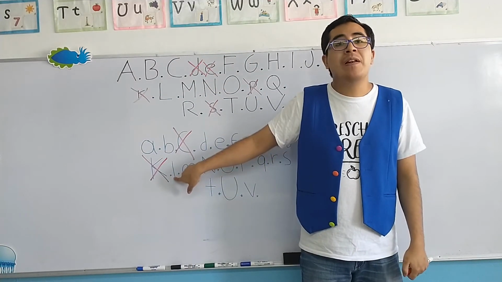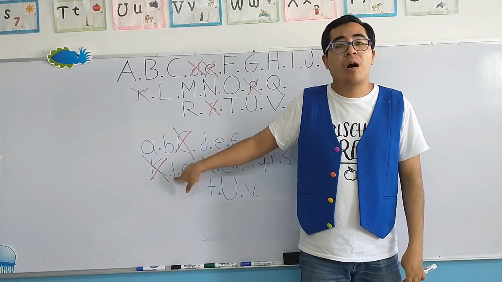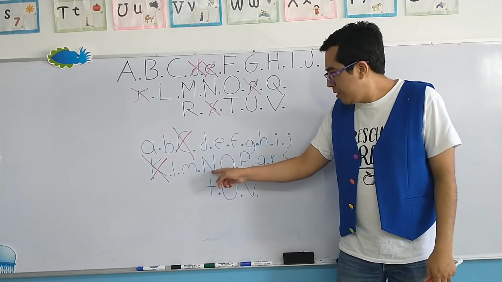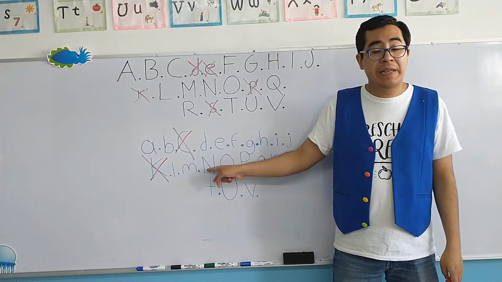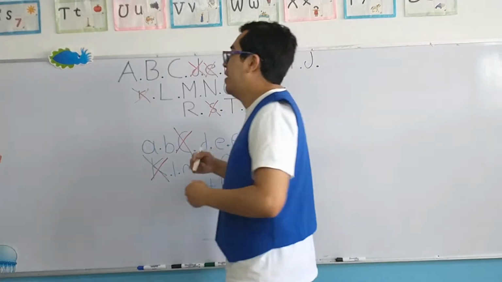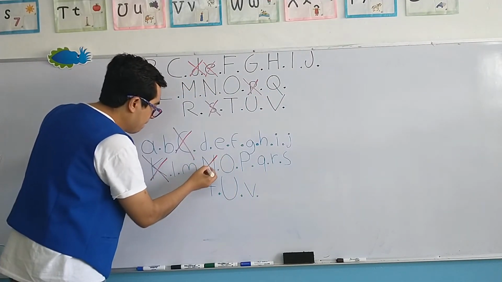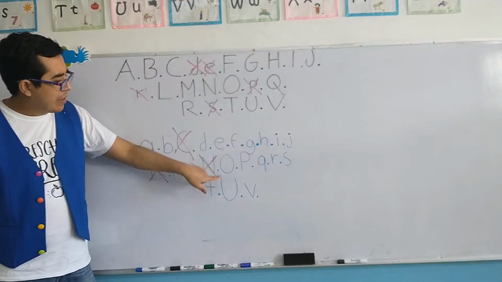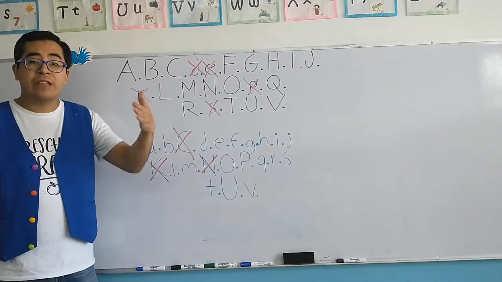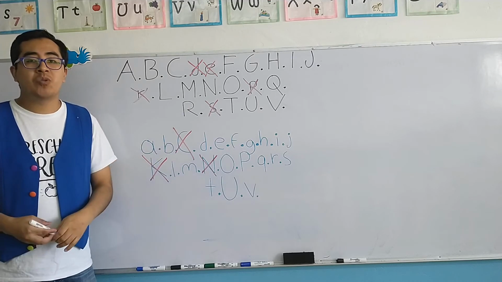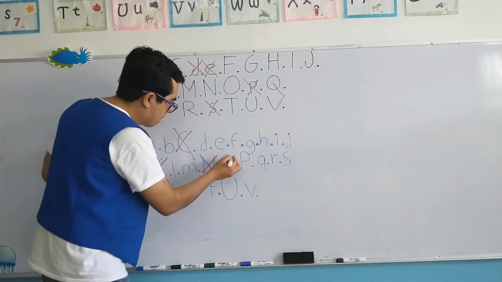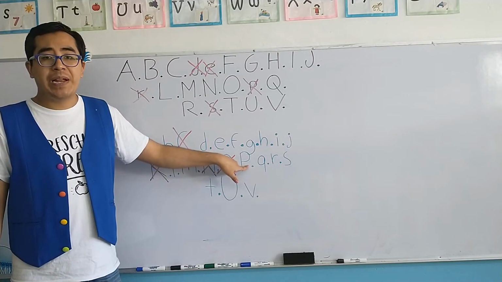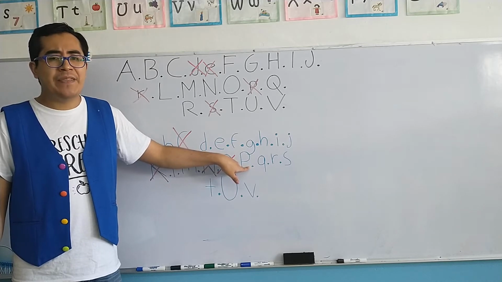Small L of lily, lemon, log, small M. This is not a small n, this is capital N. So, a big X. Okay, then we have another capital letter, capital O. Instead of a small o, en lugar de tener o minúscula, o mayúscula, so no. Next to, again, we have another capital B, and we don't want capital letters.